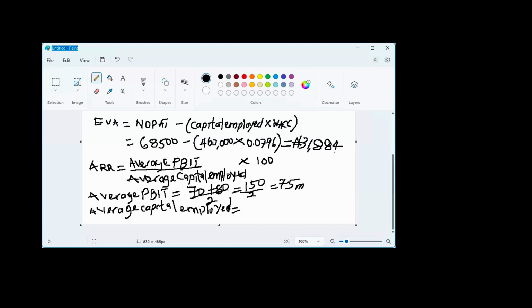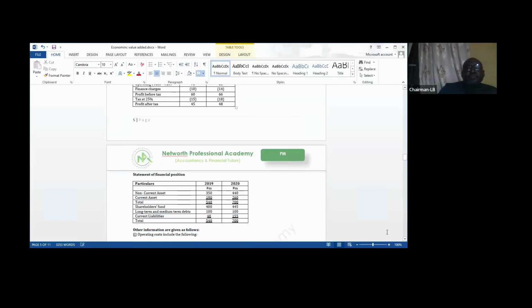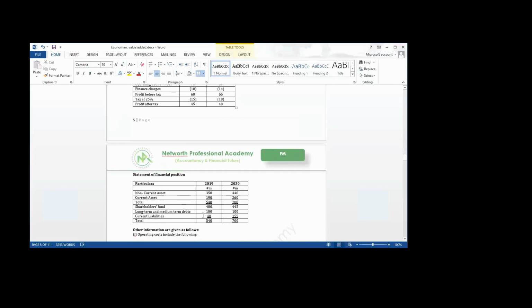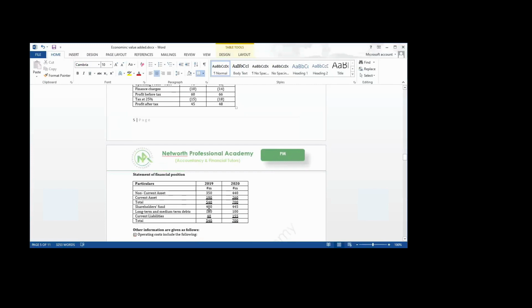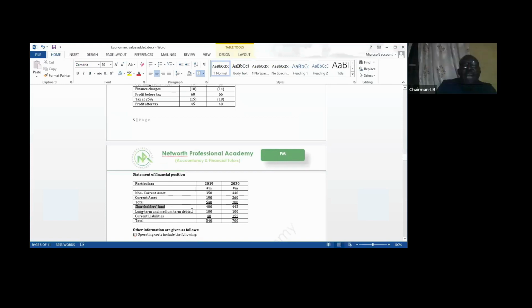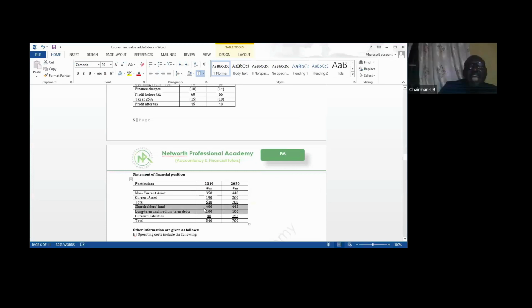Go to the question, please. Look at your capital employed. For the first one, what we call capital employed is these two: shareholders' funds plus long-term debts.